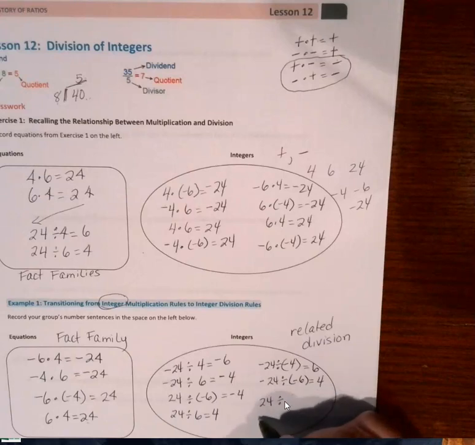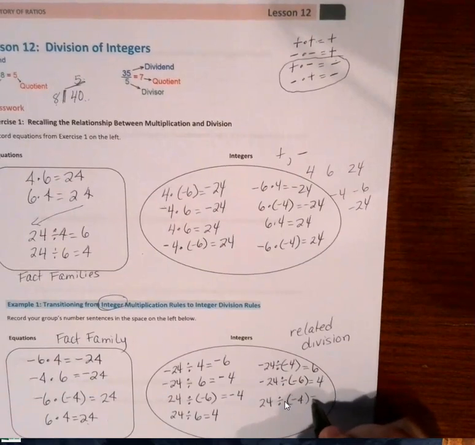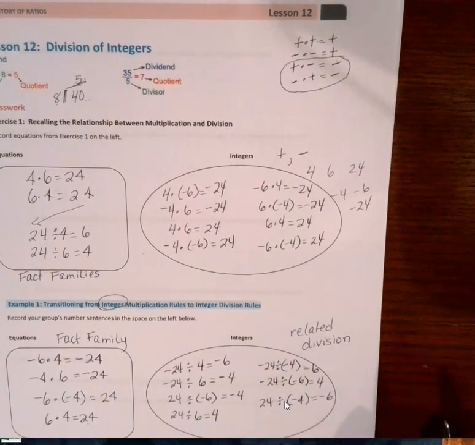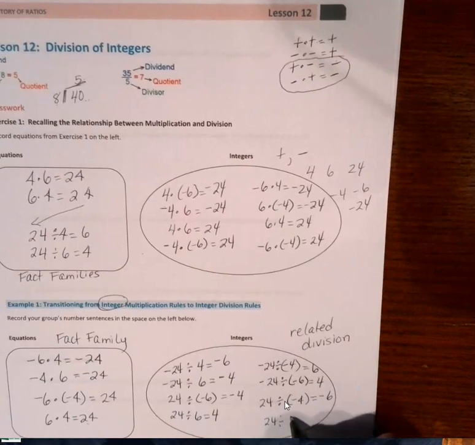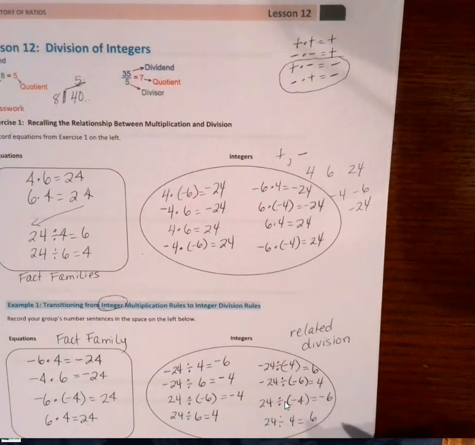Well, we've got that one down here. Let's do 24 divided by negative 4 is equal to negative 6. And then 24 divided by 4 is equal to positive 6.